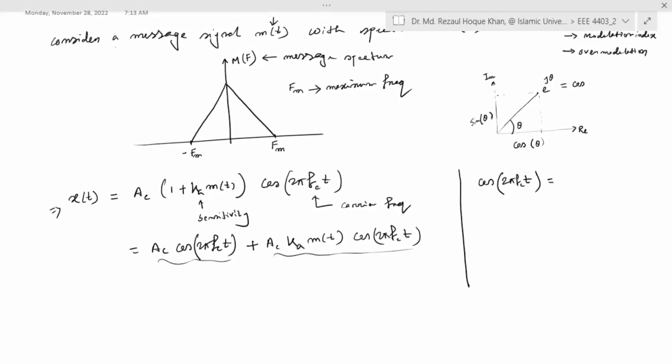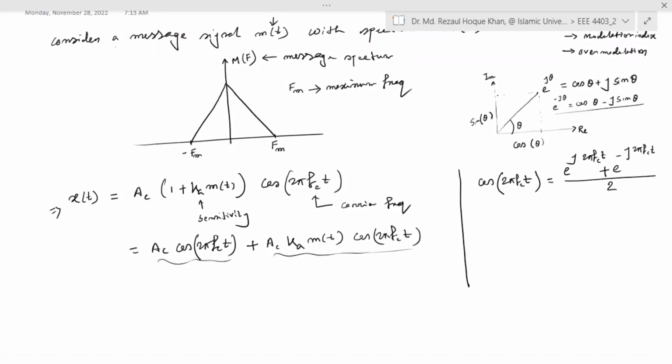So e to the power j theta equals cos theta plus j sine theta, right? So what is cos theta? Same thing, e to the power minus j theta will be cos theta minus j sine theta.